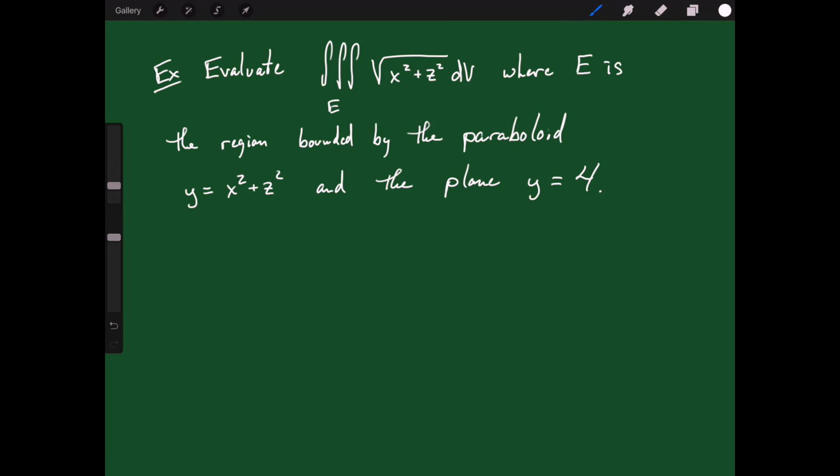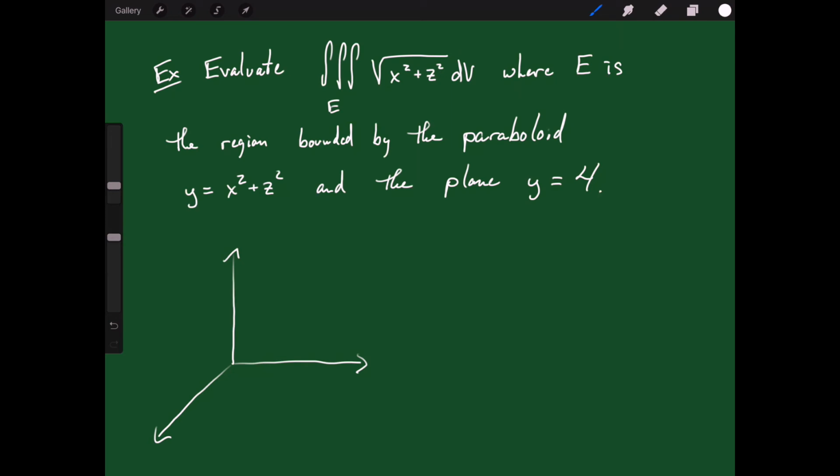Okay, so the first thing that I should always do when I'm trying to do one of these problems is graph this thing and get a feel for what it's looking like if possible. So let's start out by drawing our three-dimensional axes. And I want a region that's bounded by the paraboloid y equals x squared plus z squared.